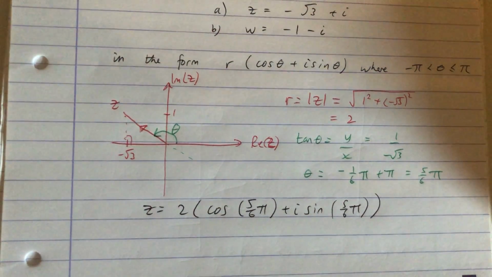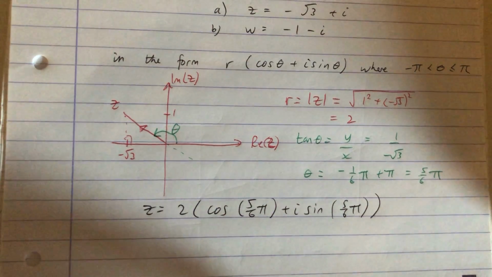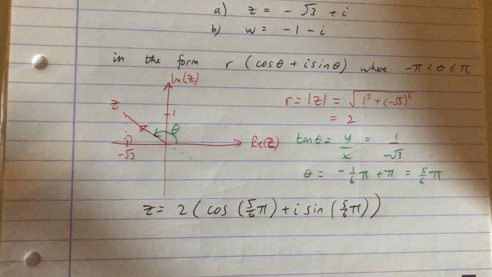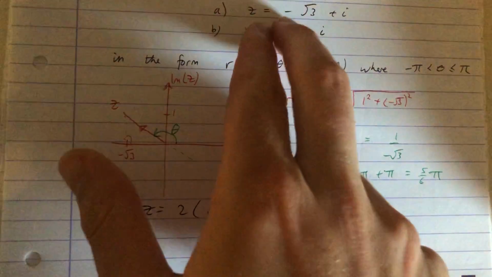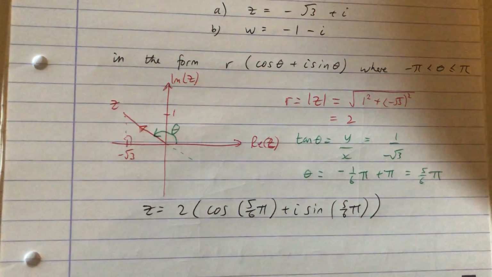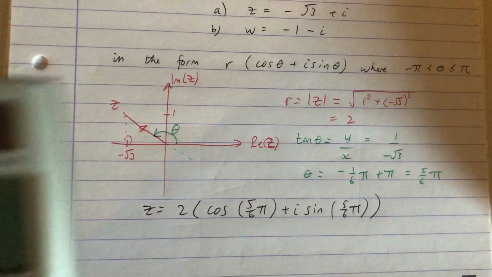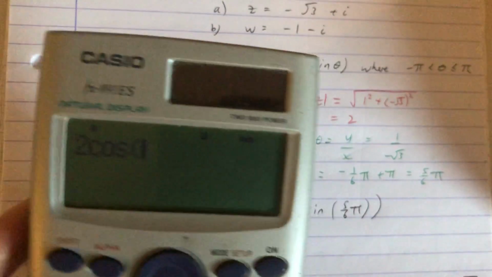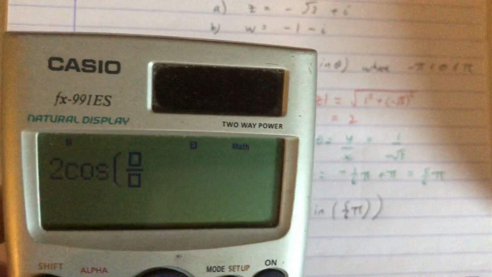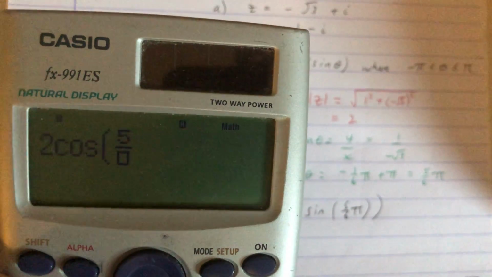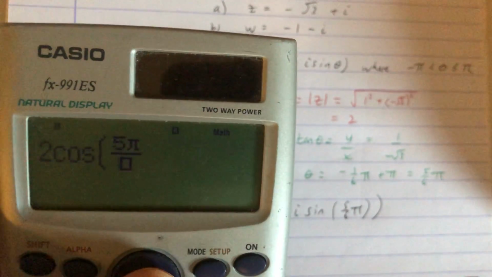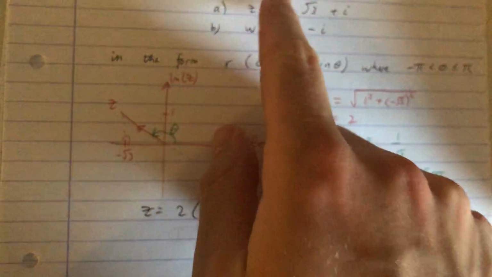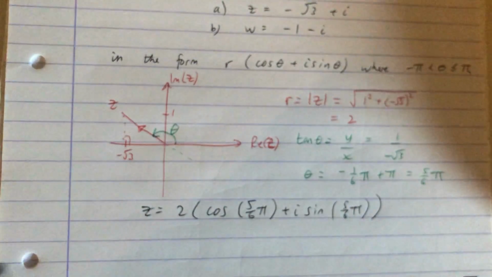And there's a really easy way to actually check to see if you've done this right. To convert back to the original form, all you have to do is expand the brackets. So I'll just do the first bit. So 2 times cos of 5 pi by 6 should match up with minus root 3 if I've done this right.